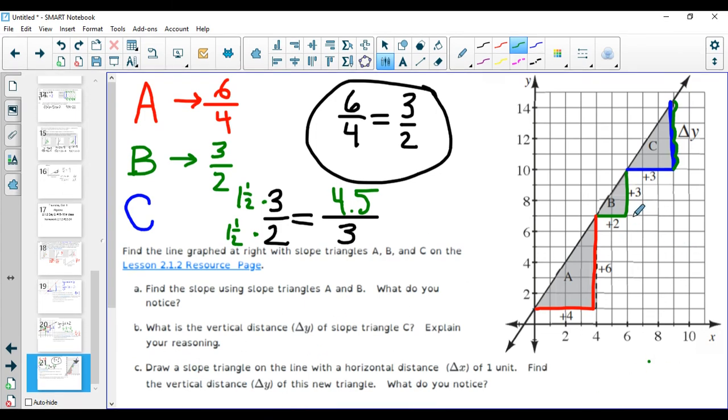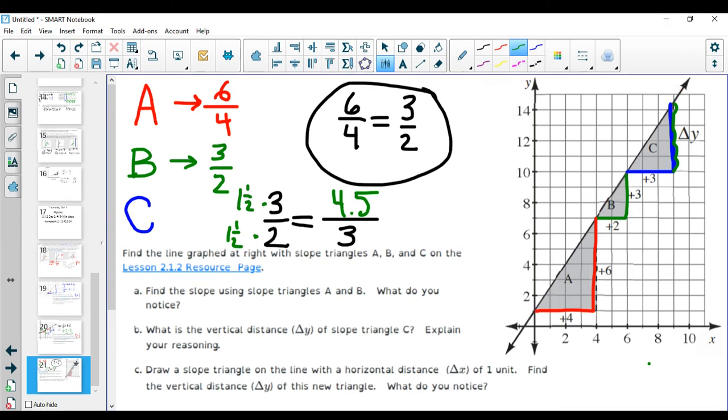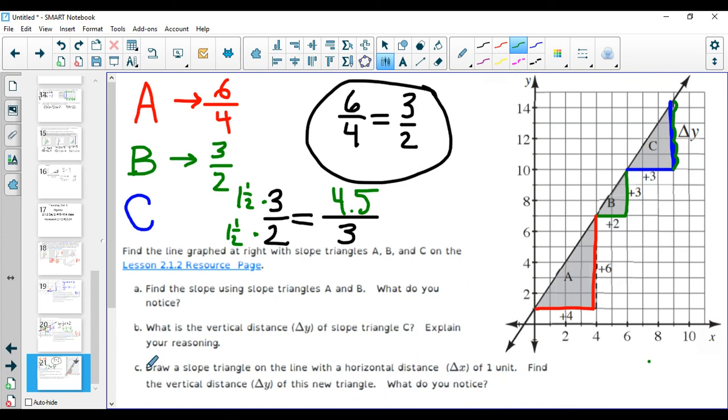Again, anytime that you are doing a slope triangle, the simplified ratios should always be equal. So if we want to draw a slope triangle with a horizontal distance of 1, I'll use purple, and 1 square happens to be equal to 1.